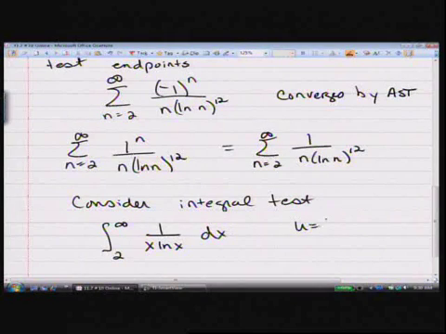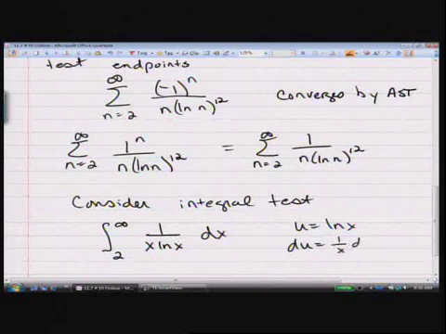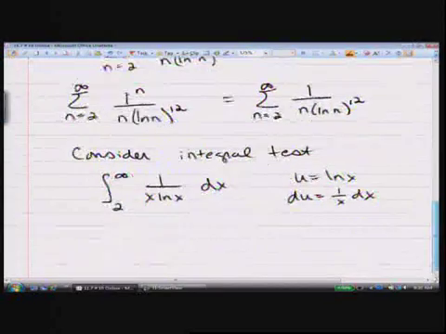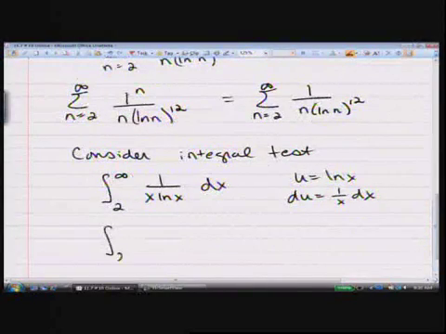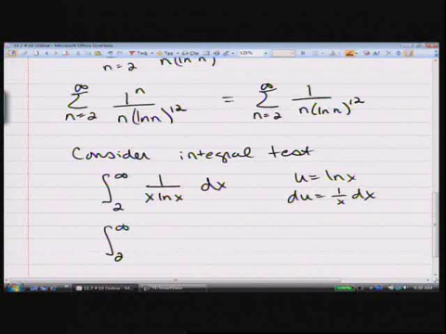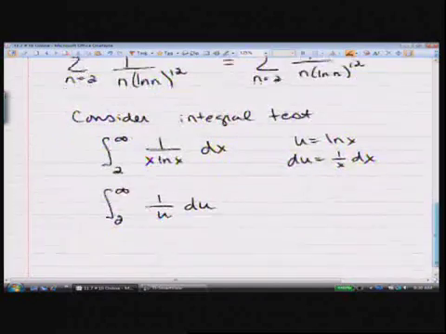If you let u equal ln x, then du is going to be 1 over x dx, right? Which is exactly what you have there. So this is going to be the integral from 2 to infinity of 1 over u du, right?